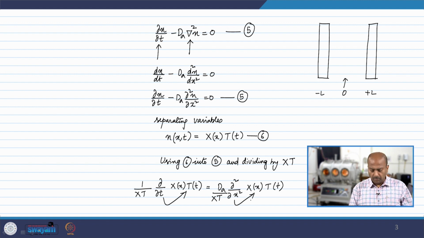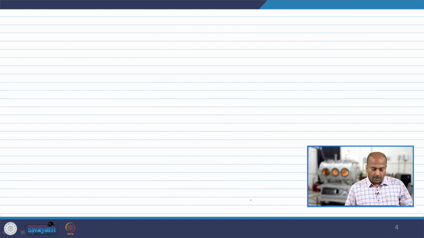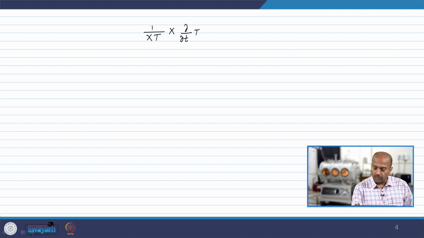So, the other term will remain a constant and will come out of the differential operator. So, we can write it as 1 by XT, because we are dividing with XT, times X ∂/∂t of T(t) is equal to D_A divided by XT times T(t) ∂²/∂x² of X(x). It is implicit, it just helps if it is written explicitly.